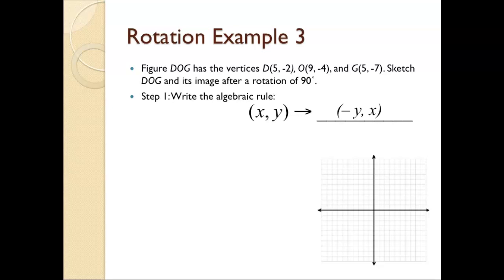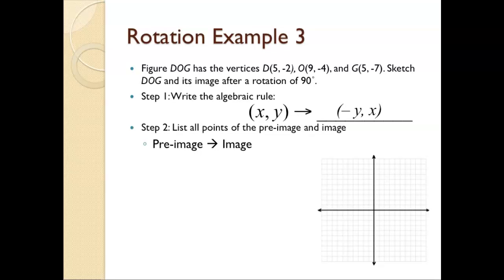Next, we're going to list all the points, and we're going to apply this rule. So let's start with (5, -2). You take the opposite of y, which is positive 2, and that becomes your new x-coordinate. And then take your x-coordinate, and that becomes your y-coordinate. So this becomes (2, 5).